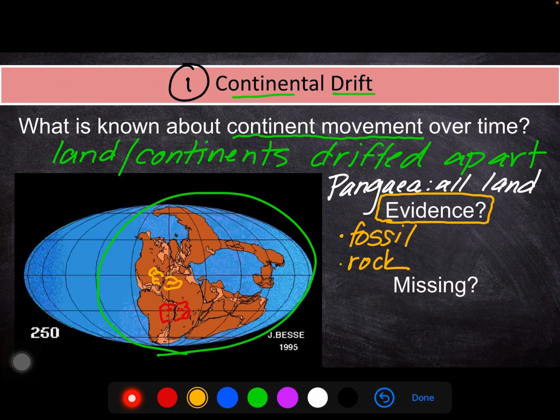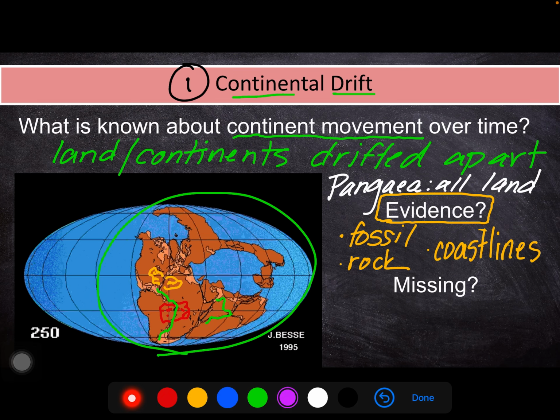So that clued us in that everything was connected and has slowly worked to get to the point where we see it today. The other evidence that a lot of you used but maybe didn't think about that you were using it was just the shape of the coastlines. The idea that the edges are similar and can be matched up is also another evidence or clue.